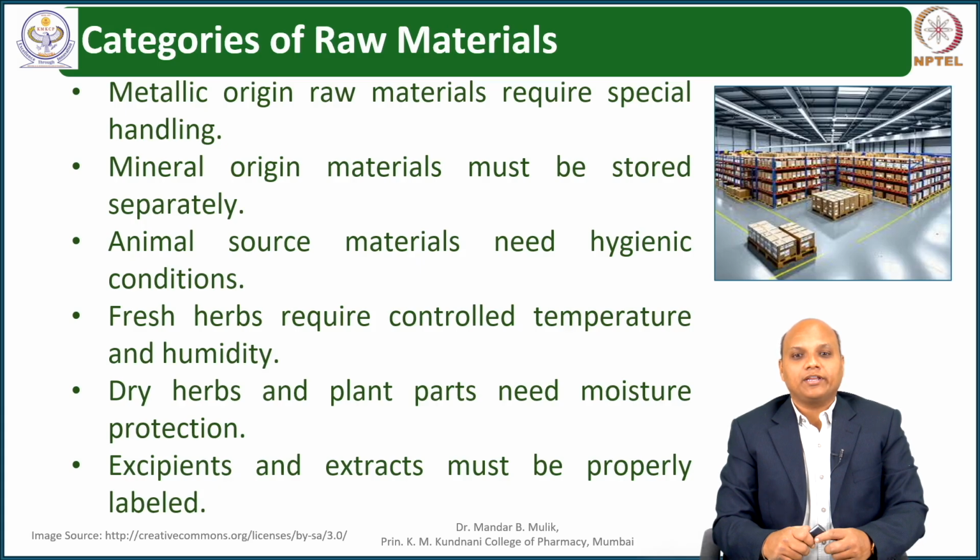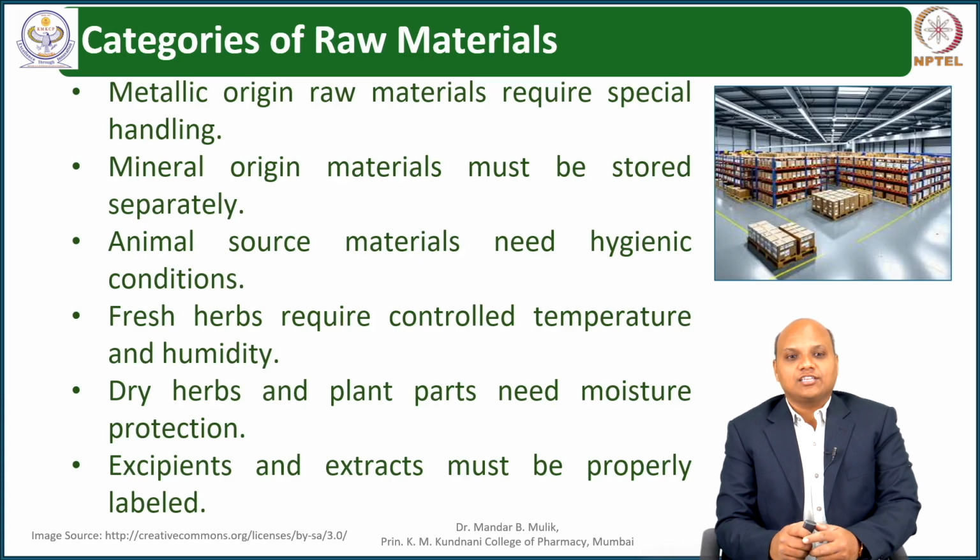Animal source material needs hygienic conditions. Some raw material is procured from animal origin. Many of the marine drugs are procured from animal origin. In such cases, hygienic conditions need to be maintained while procuring and collecting raw material.